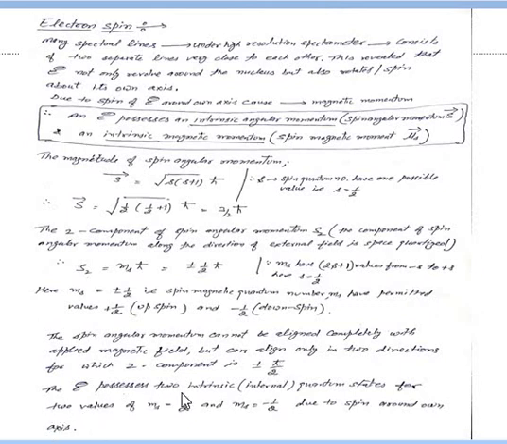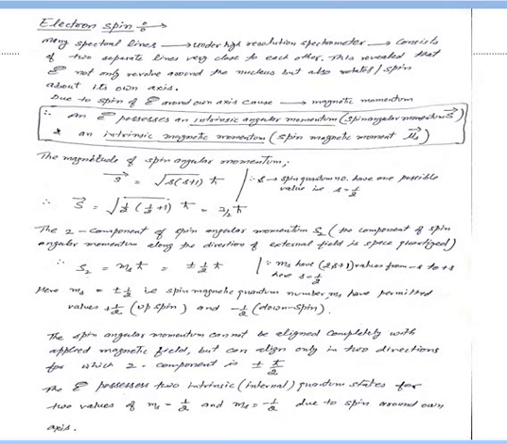The electron now possesses two intrinsic or internal quantum states for the two values of ms, plus half and minus half, and this is only due to the spin of the electron around its own axis.